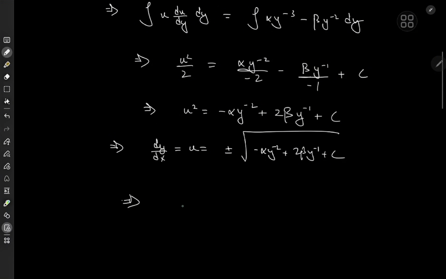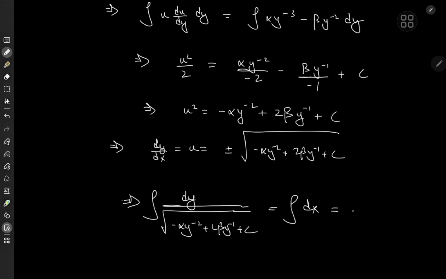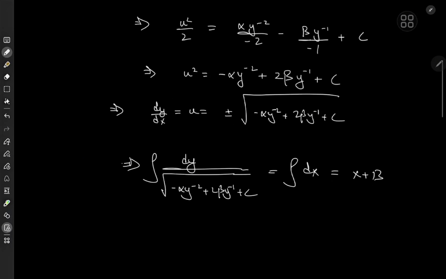So this gives us yet another separable differential equation in x and y. This means we can write dy over, I'll ignore the plus and minus signs for now because we can track them fairly easily, root of negative alpha y to the minus 2 plus 2 beta y to the minus 1 plus a constant c equal to dx, and on integrating we have x plus b on the right hand side, and on the left we have this cool looking integral.